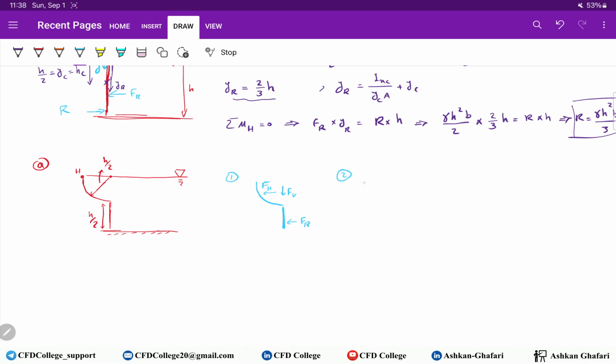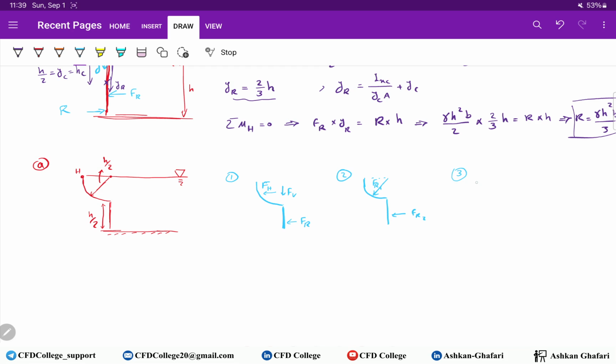The other option is to consider Fr1, for example, for the circular part, and Fr2 for the vertical part.